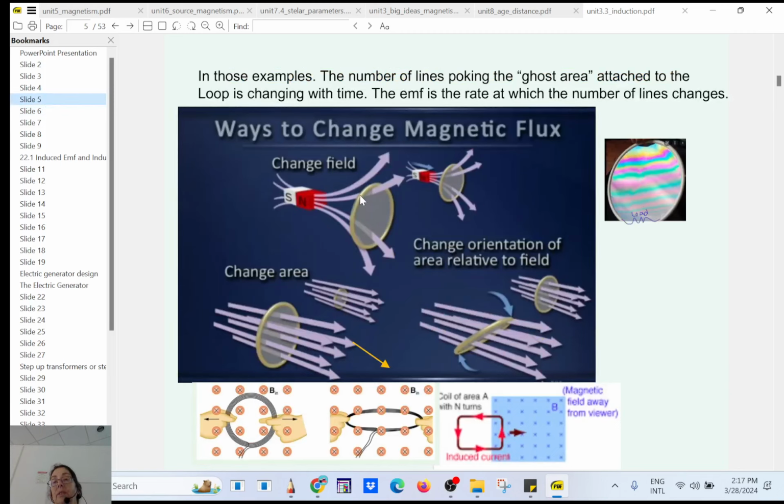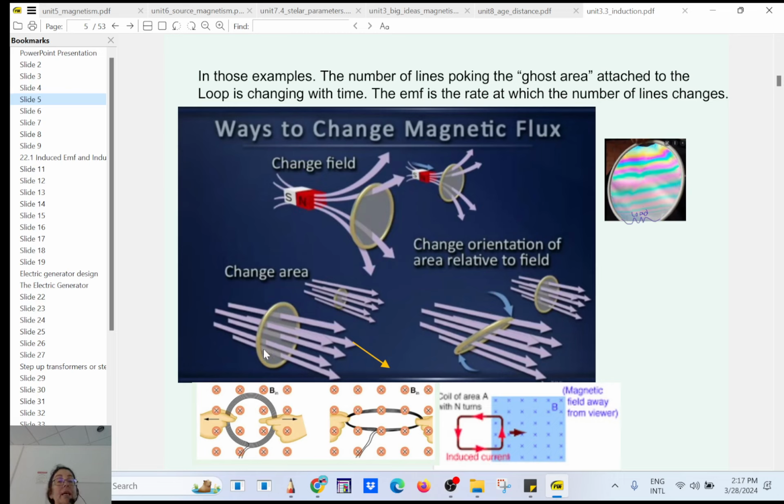So you see here, you take a coil. It's a conductor. You can attach that to a load. And you see that as you move away, you're going to have fewer lines poking through. As you move toward, you're going to have more lines poking through. So you're going to induce a current.